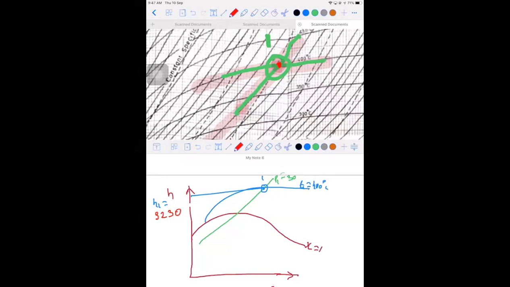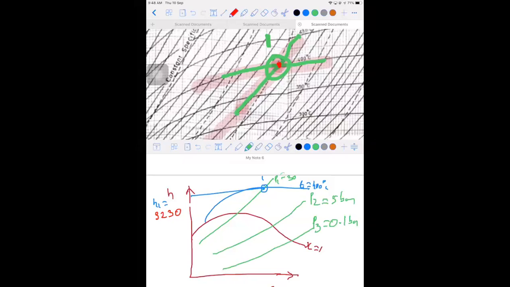After this, you identify the remaining two constant pressure lines. One is P2 equals 5 bar, and the other is P3 equals 0.1 bar.